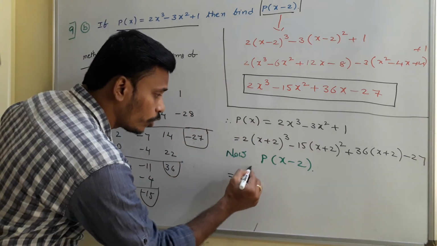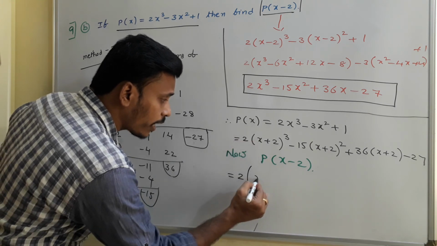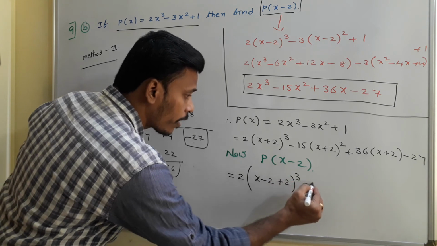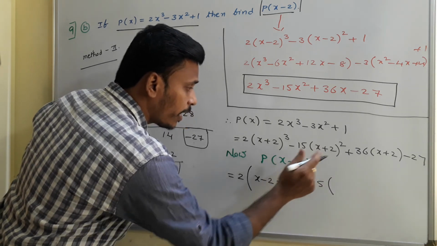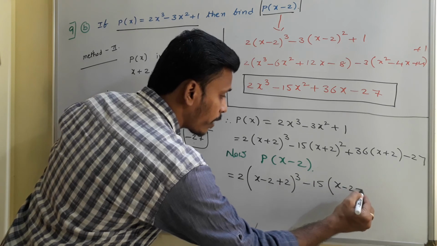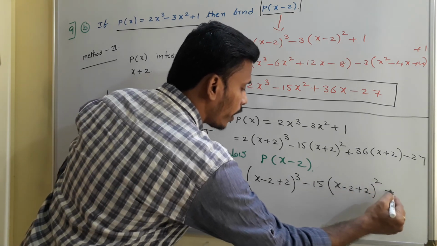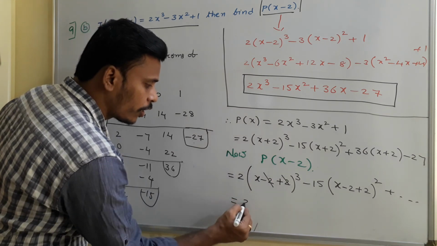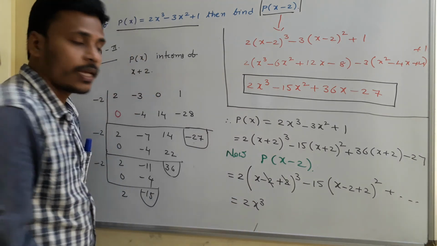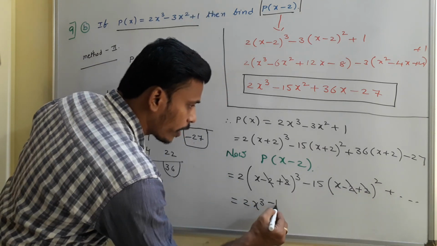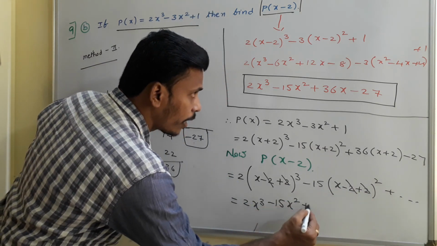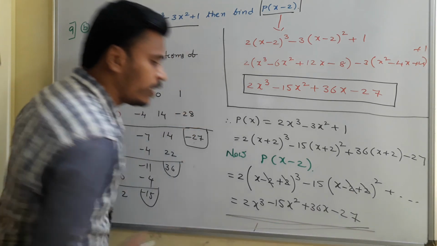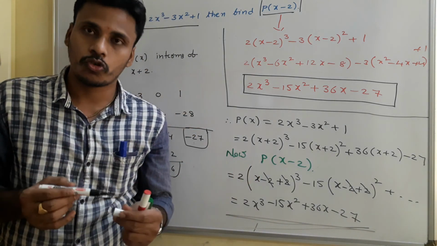This is equal to 2 into x minus 2 plus 2 whole cube, minus 15 into x minus 2 plus 2 whole square, likewise. And now when you simplify, 2 and 2 will get cancelled. You get 2x cube. Here again 2 and 2 get cancelled. You get minus 15x square plus 36x minus 27, and this is your p of x minus 2.